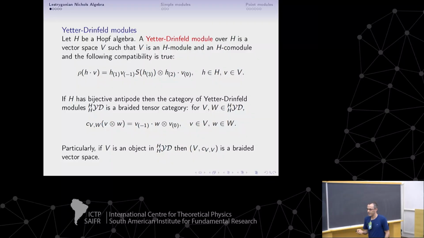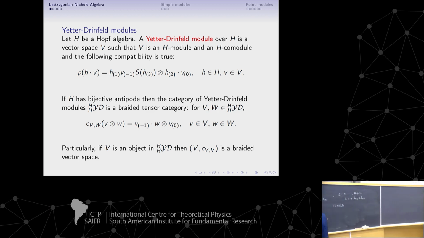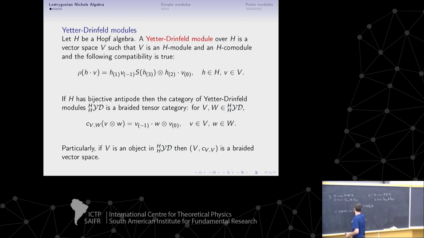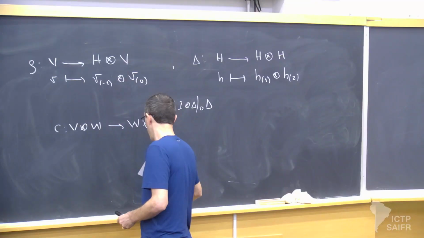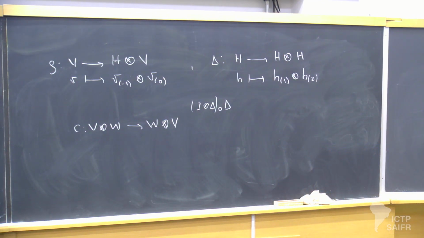Particularly, if you have an object in this category, you automatically have a braided vector space, because c is from V tensor W to W tensor V. When W is equal to V, we have a braided vector space.